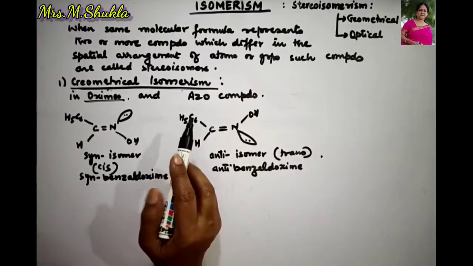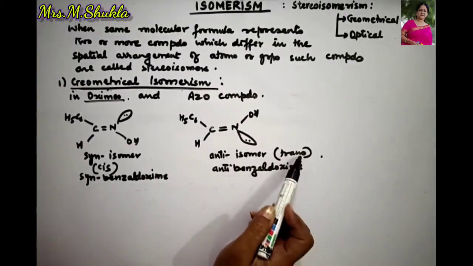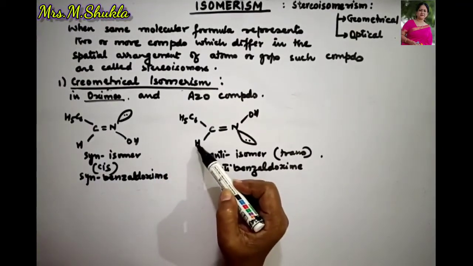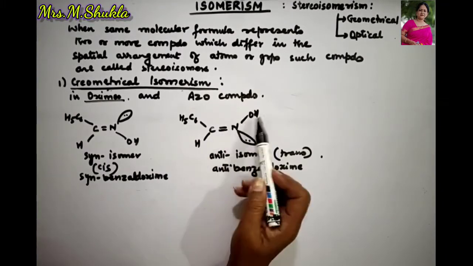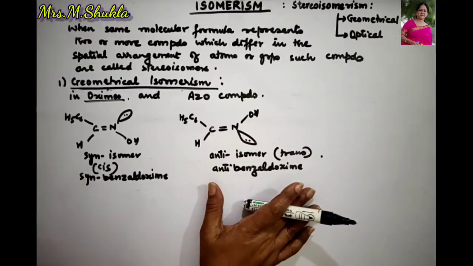So over here, have you understood that in the trans or anti-isomer, the hydrogen and hydroxyl group, the OH, are on the opposite sides of the double bond, right?